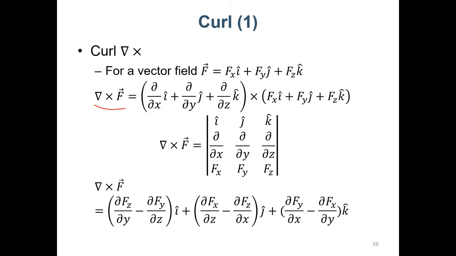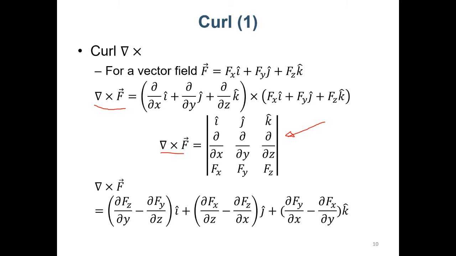So we can use the definition of the cross product. Then you can write it in the determinant form like this. You have the first row i j k, the second row partial x, partial y, partial z, and the third row fx, fy, fz.